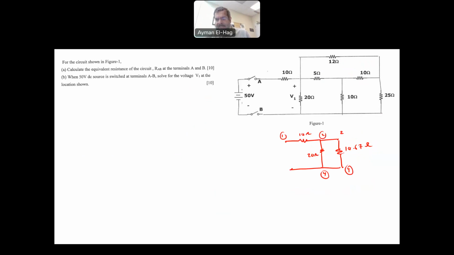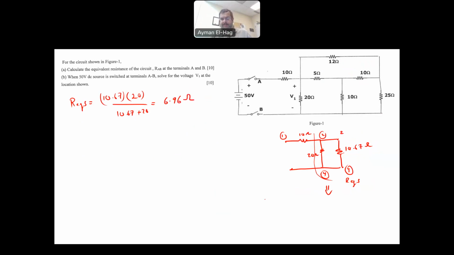These two are very clearly in parallel. So I will call this R equivalent 3. So my R equivalent 3 is equal to 10.67 times 20 divided by 10.67 plus 20.